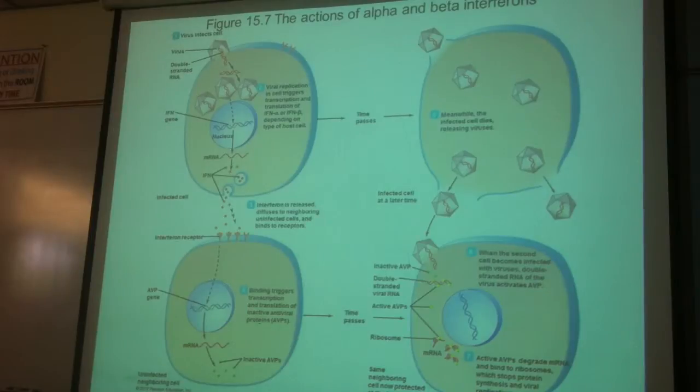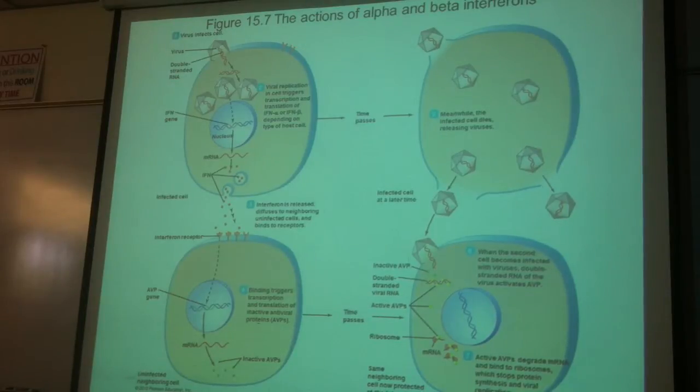Double-stranded RNA is not necessarily a good thing. We don't have long stretches of double-stranded RNA in general. That gets chopped up. But these antiviral proteins will recognize this double-stranded RNA. This is not good. Let's attach to it. And so it gets degraded, and it binds to the ribosome, which stops the protein synthesis and viral replication.